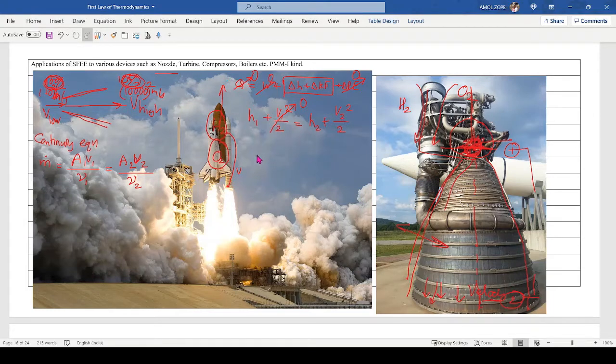So finally, the velocity at the outlet will be equal to the square root of 2 times (h1 minus h2). So the initial velocity V1 is say 0, and the final velocity V2 will be equal to the square root of 2 into the enthalpy difference.